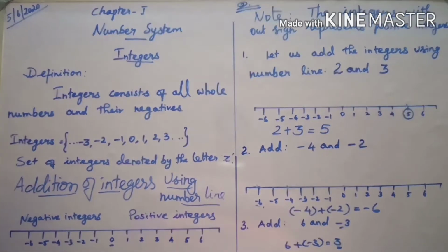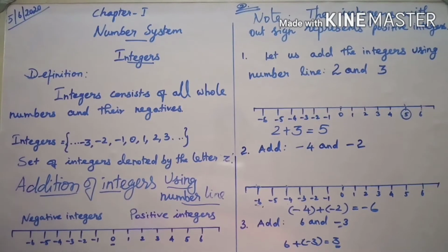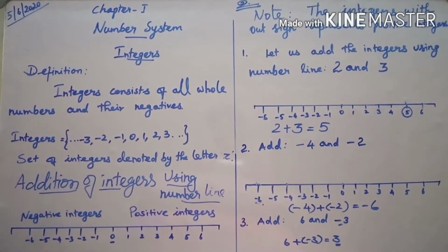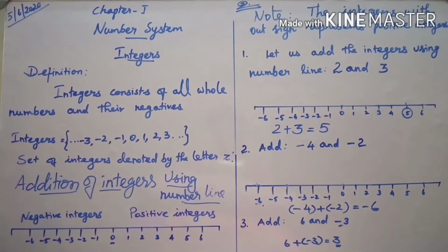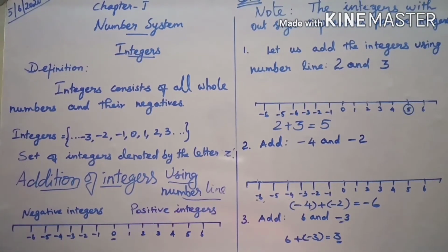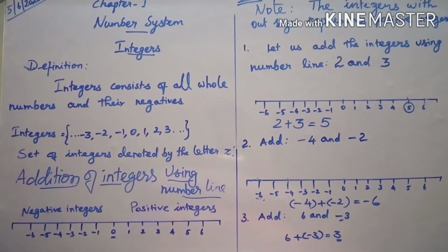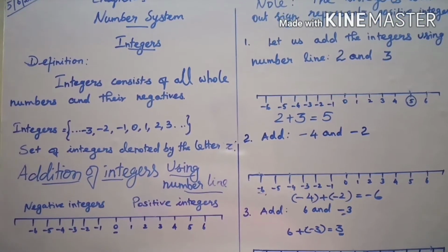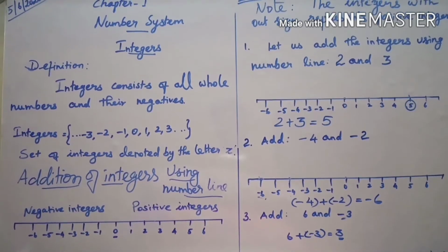7th standard term 1 book, we have 6 chapters. Chapter 1 number system, chapter 2 measurements, chapter 3 algebra, chapter 4 direct and inverse proportion, chapter 5 geometry, chapter 6 information processing. Out of this today I will go with chapter 1 number system.